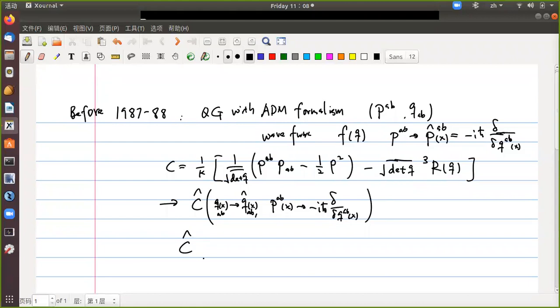Formally, you want to solve this equation as a functional of Q. Because Q has an infinite number of degrees of freedom, it is a functional of Q. This equation is a functional differential equation.